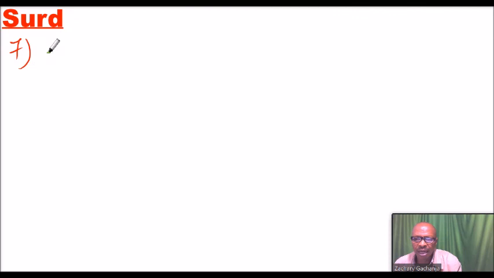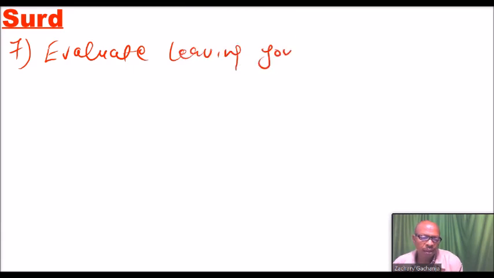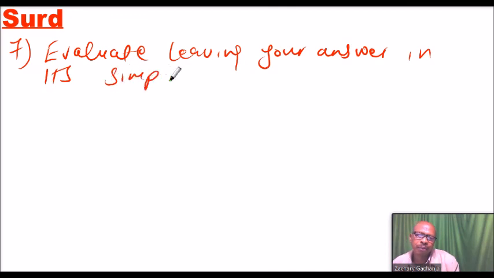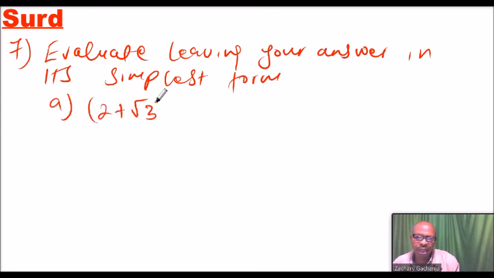Number 7, we have evaluate, leaving your answer in its simplest form. So we have A, we have 2 plus root 3, then we have 2 plus root 3.